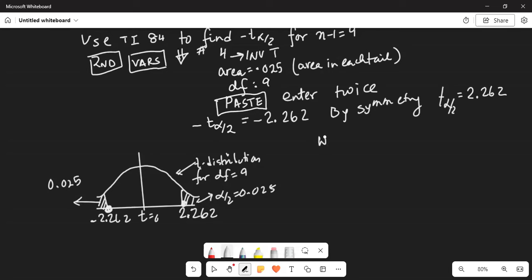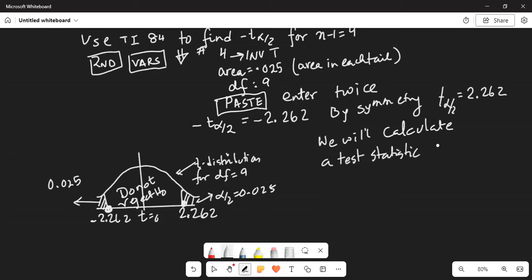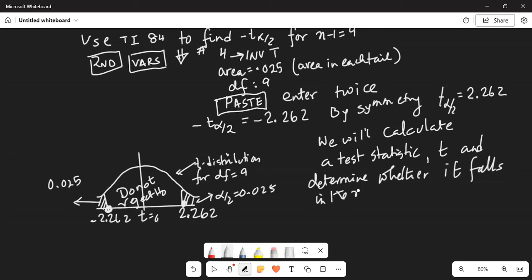So where we do not shade is where we do not reject H0. We will calculate a test statistic, which is a T, and determine whether it falls in the rejection region, which is the shaded region, two tails.